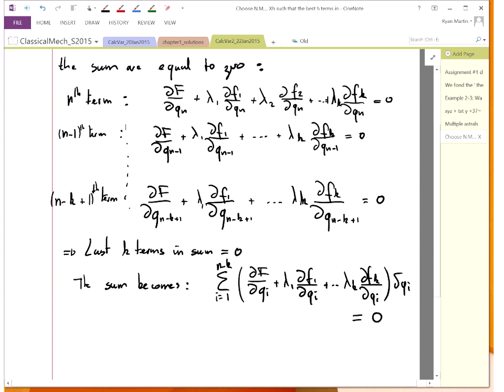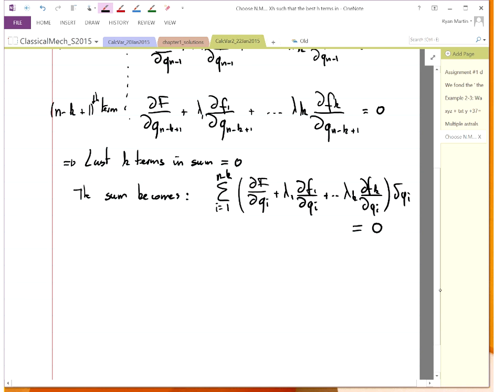Now, this sum equal to 0 only has n minus k terms. So effectively now the δqi, there's only n minus k of them, which is the number that we were treating as independent, because there's less of them. And there's in fact exactly the right number, the minimum number of independent ones. Alright?